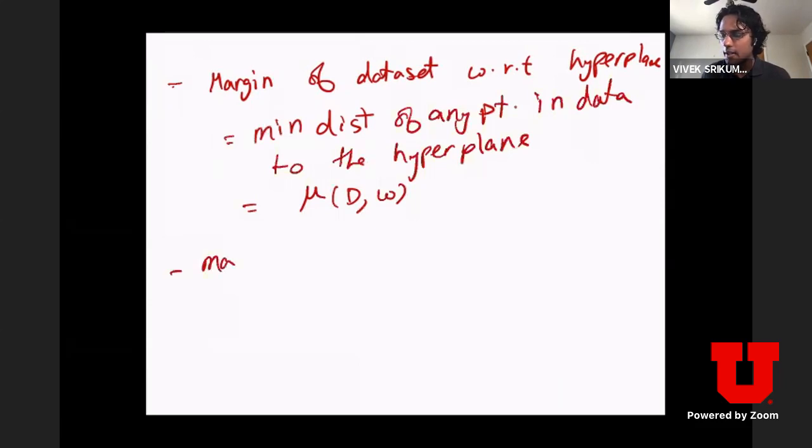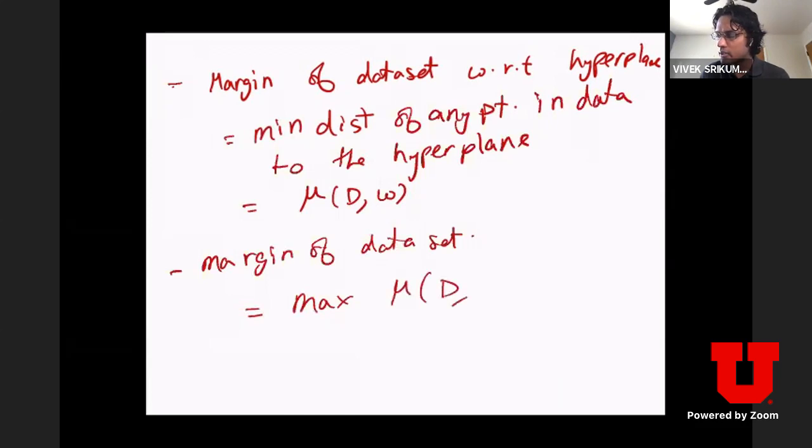The margin of a data set is the maximum margin with respect to a hyperplane among all possible hyperplanes. So what I'm asking in this question is, try out every possible line you can think of that separates the data. Because it's two dimensions, you can plot all the points and get a very clean visual intuition about how the line should be positioned to achieve this maximum.